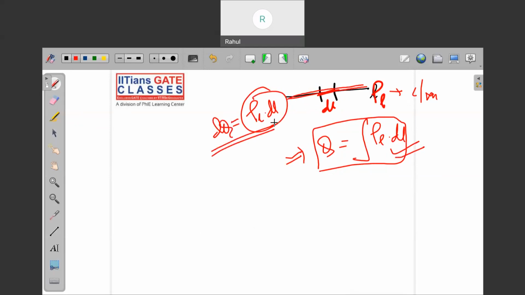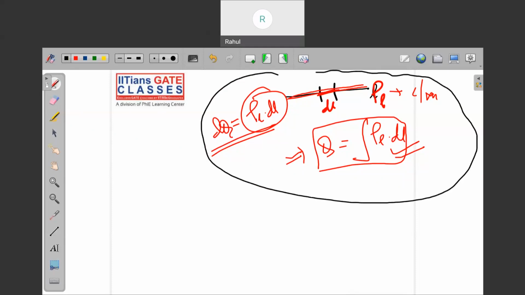Wherever there is a plane or surface, we will consider ds, and the surface charge density will be given. If you want to find the total charge, we'll come to that when we start discussing electrostatics. I'm just refreshing your basics.